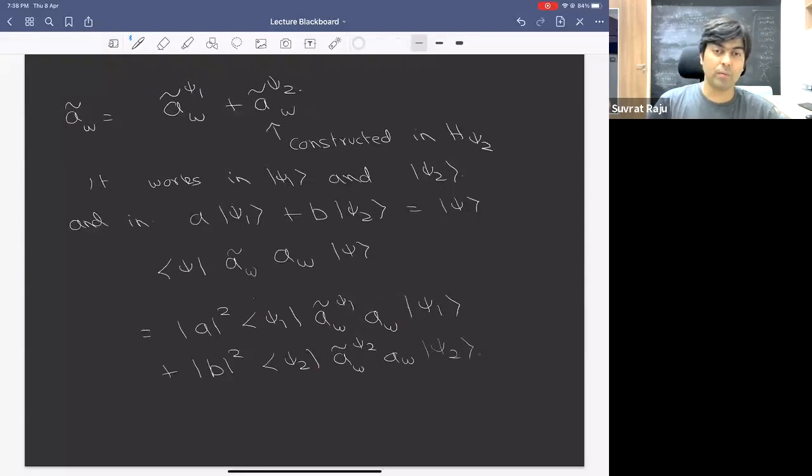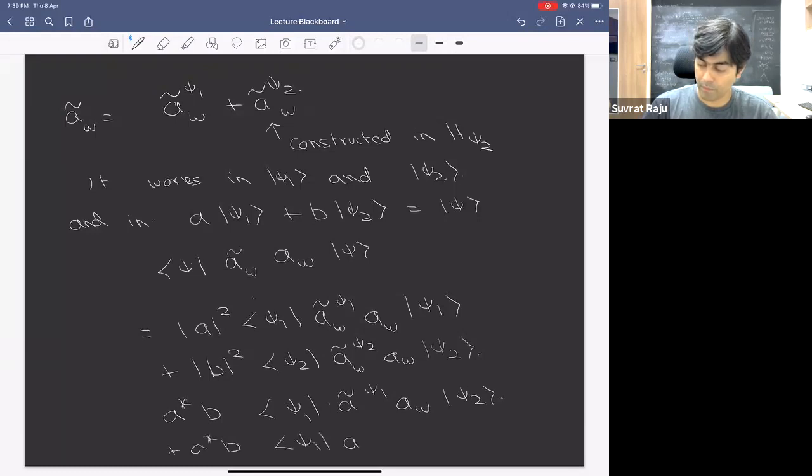And then you might have thought that you would get cross terms. So you might get one term which looks like a star b. But these cross terms can never count. And you would have another cross term. There are also some other terms which look like a b star.